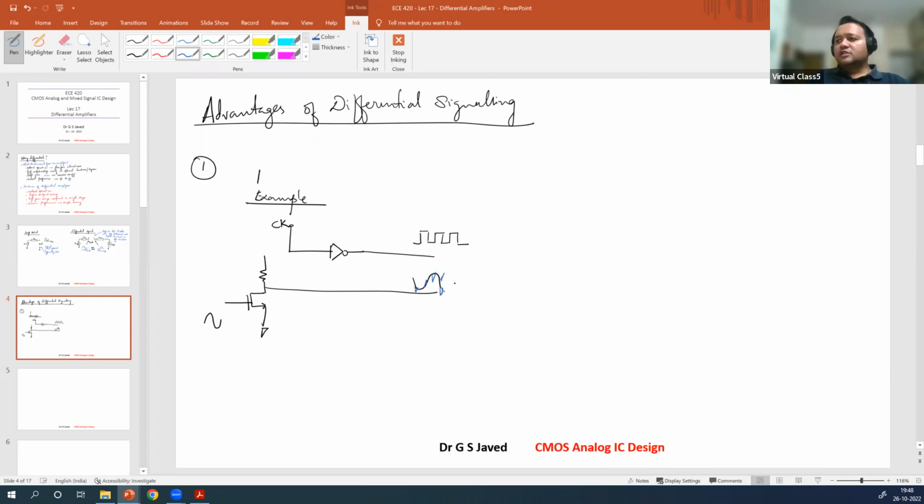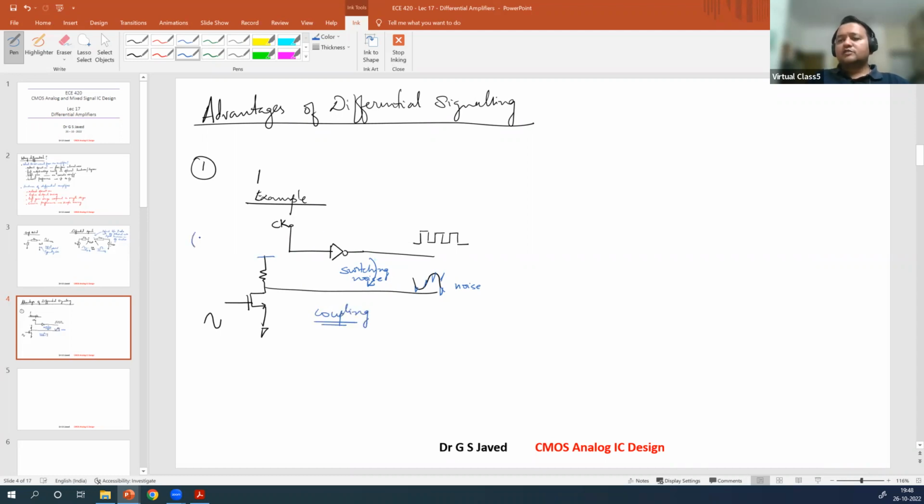So this is called noise. This is the switching noise of a clock, also called signal coupling.